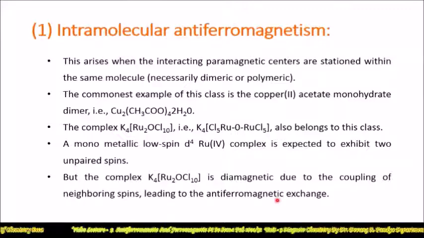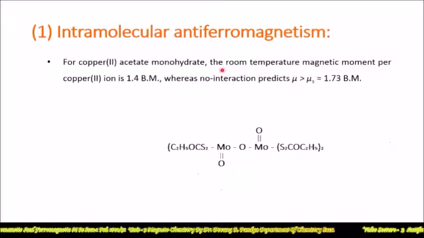For copper(II) acetate monohydrate, the room temperature magnetic moment per copper(II) ion is 1.4 Bohr magneton, whereas no interaction predicts the spin-only magnetic moment, and that value is equal to 1.73 Bohr magneton.